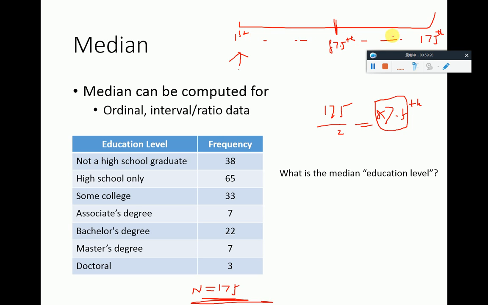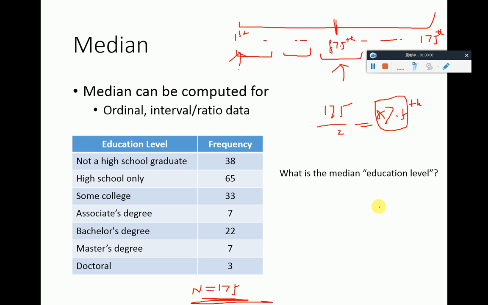And corresponding to all these participants, we have their education level. All these people belong to a certain category, and these guys belong to the second category of education level. And we want to find what is the level of education that includes this particular value that divides the whole sample into two halves. Then this particular education level will be our median education level.